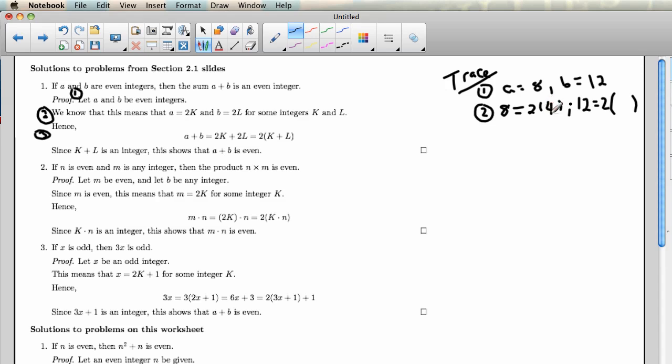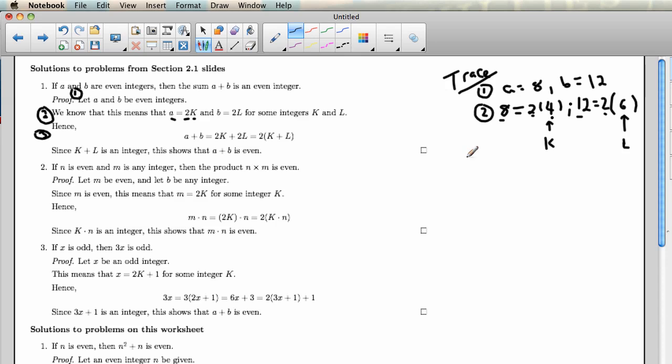So 8 is twice 4, so that's the K. Right? The proof says A is 2K. My A was 8, so 8 was 2 times 4, so my K is 4. The B, the 12, is 2 times L, and so the L for my choice is 6. 12 is twice 6. So as I read these statements, it allows me to check the work in the problem to make sure it makes sense for actual, honest-to-God numbers that I've chosen.